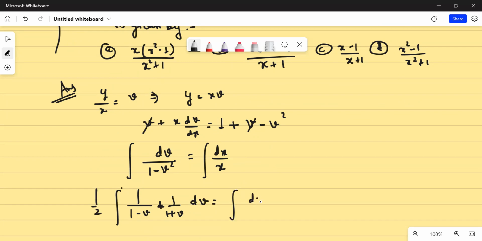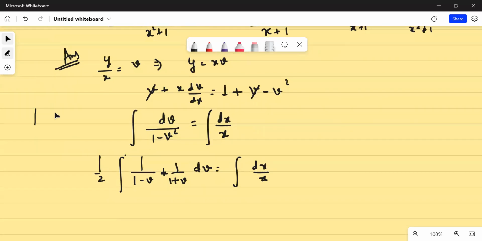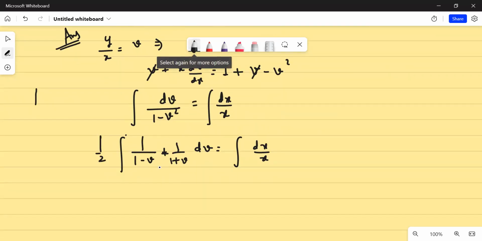Even if you don't remember this, I think it is easy to see that this would be this. If you want to do partial fractions, good enough. If you remember the formula, then it's better. I don't remember those formulas, so I do it in this manner.